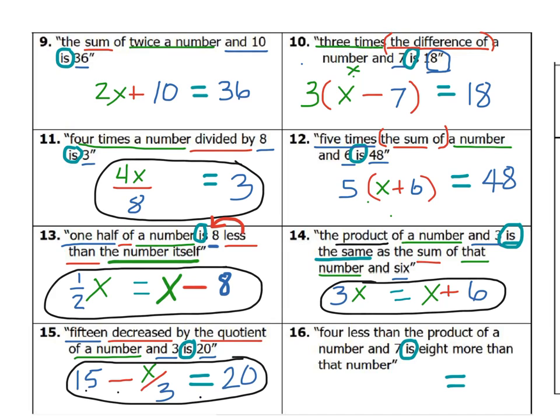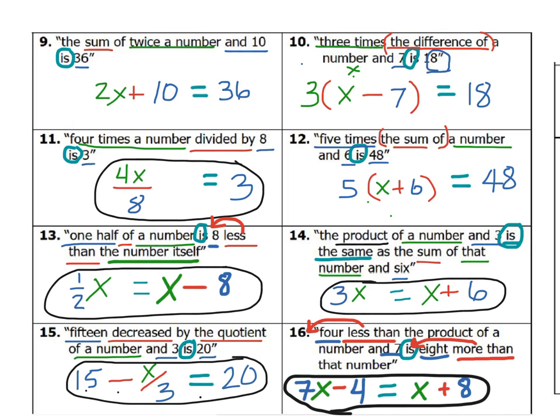Great. Let's try number 16 on our own now. Again, pause the video, give it a try, and come back. Okay, and here's my answer for number 16. This was by far the most difficult of them all. It did include 2 turnaround phrases. The first one was subtraction. The second turnaround phrase was addition.